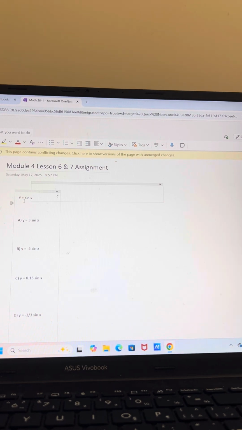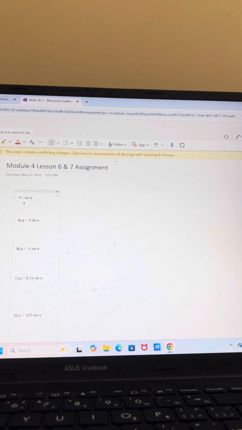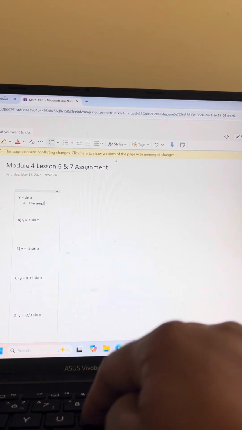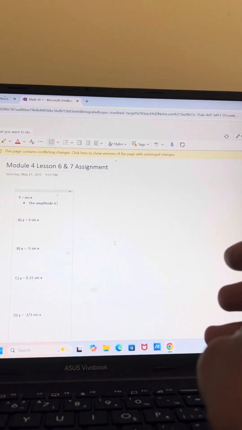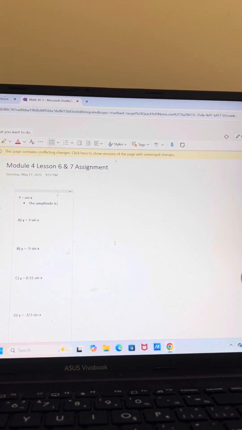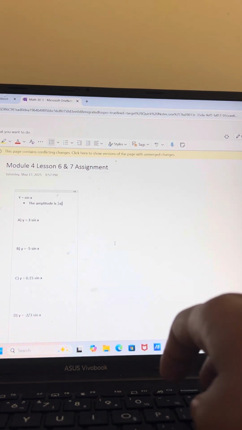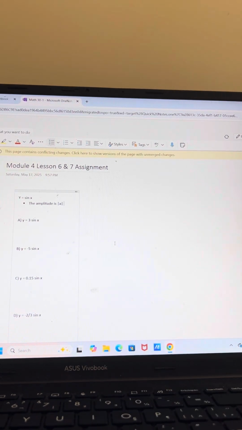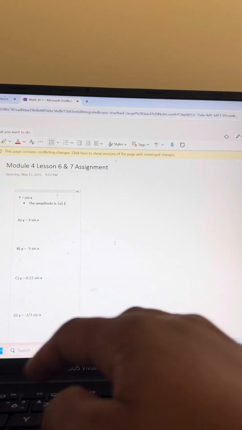Before we get started on the questions, there's 2 things we should always know. The amplitude is the absolute value of A. So the absolute value.